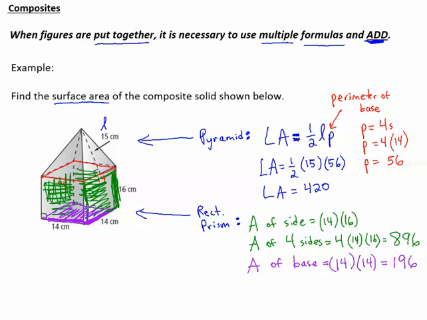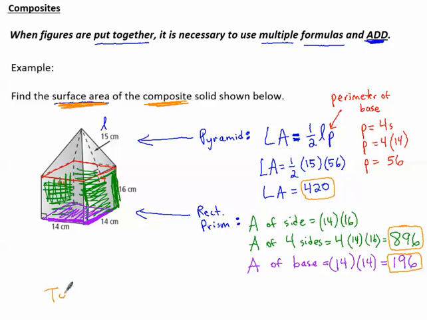So now we've got to put all of that together to get the surface area of that composite solid that's shown. So we've got to take all of the areas that we computed, the lateral area from the pyramid, the area of the 4 sides of the rectangular prism, and the area of the base of the rectangular prism.